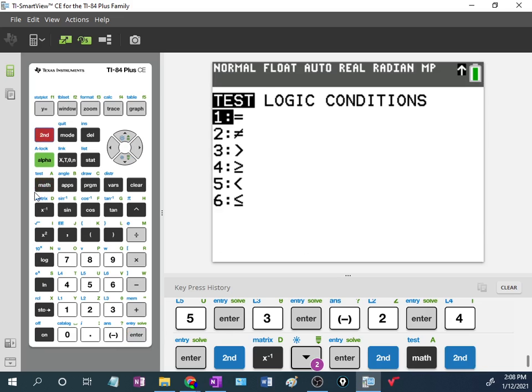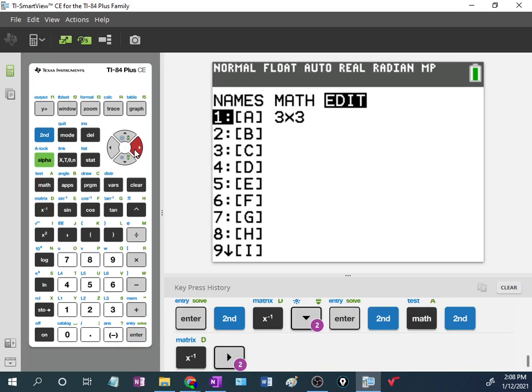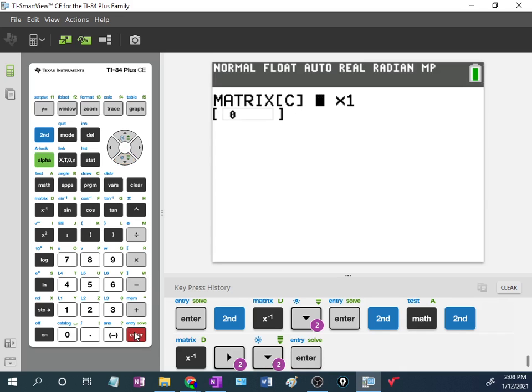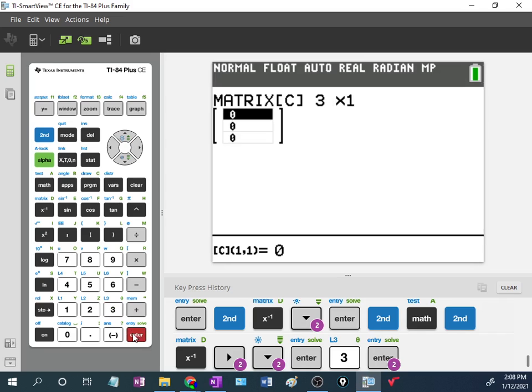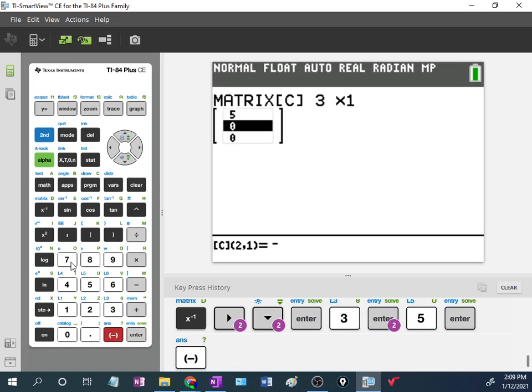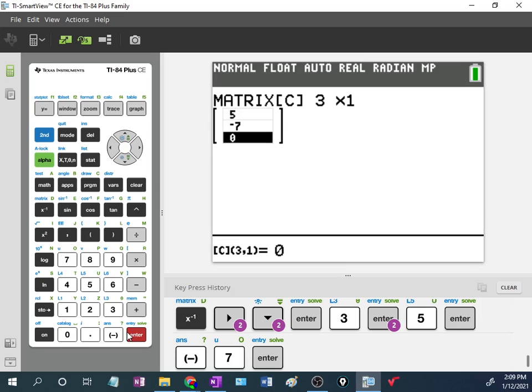Go to matrix to the third one and C, and I need to edit, and it is going to be 3 rows, 1 column, right? So 3 by 1, and first number is 5, second number is negative 7, and then third number is negative 3. Okay, so all are set up.